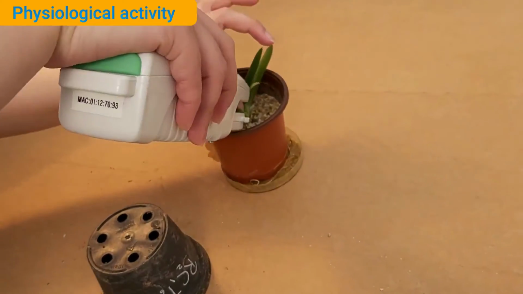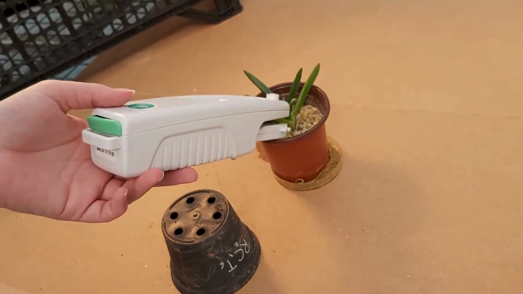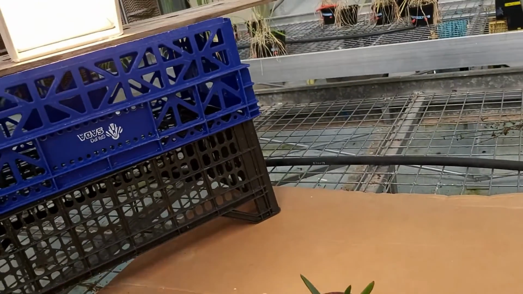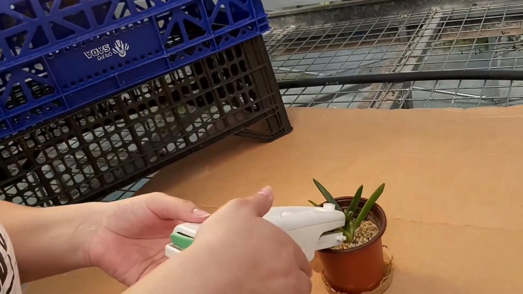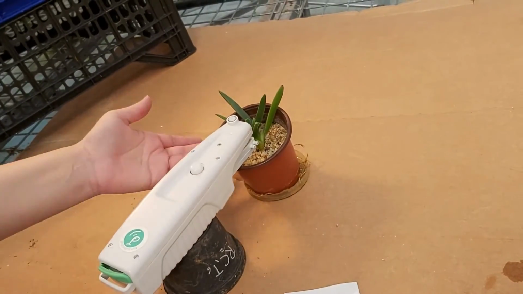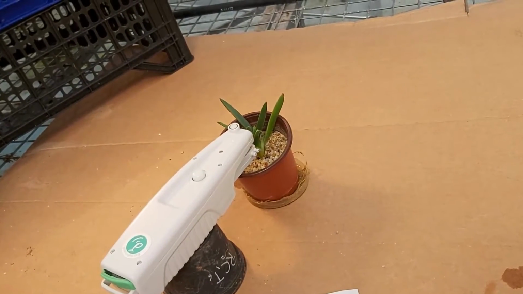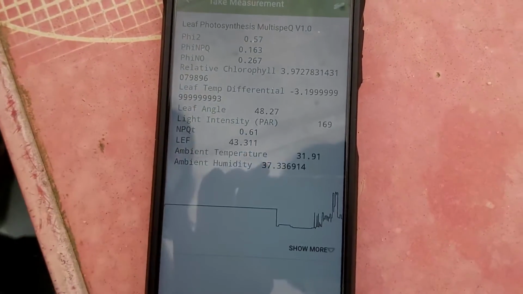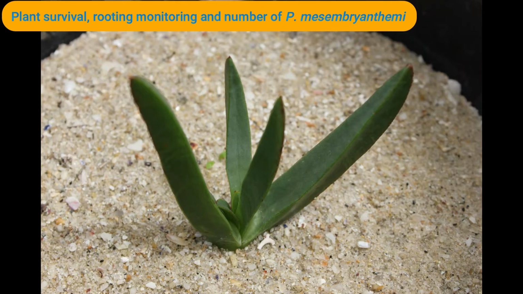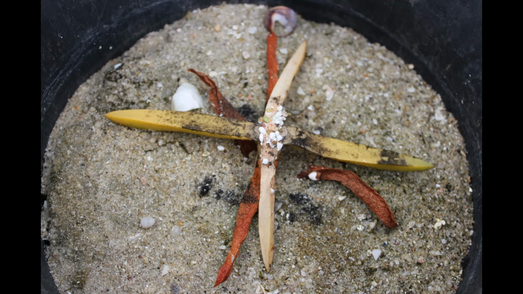For about 13 months, we measured how soil surface and herbivory affected plant physiological activity by measuring several fluorescence parameters: Phi2, photosystem 2 quantum efficiency; PhiNO, measure of unregulated energy dissipation as fluorescence; and PhiNPQ, measure of regulated energy dissipation as heat. And also, we determined plant survival and rerooting by using a visual rating scale.